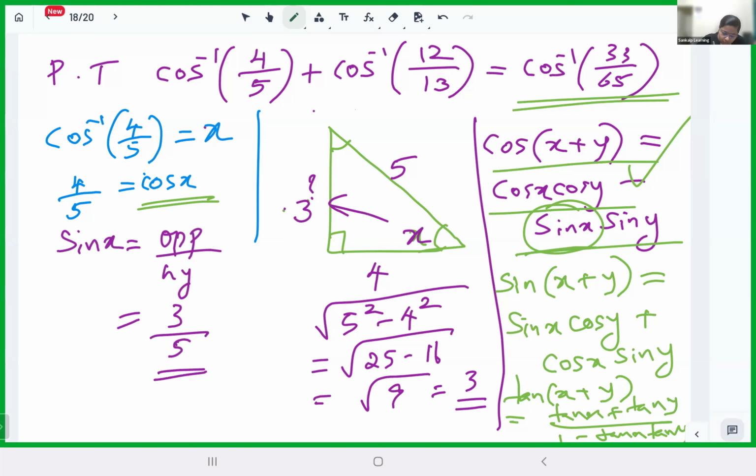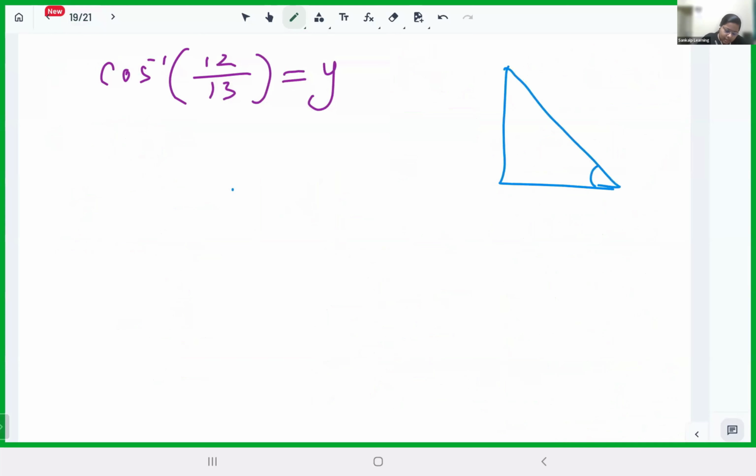Now, consider that portion. Put cos inverse of 12 by 13 as y. Again, construct a triangle. From this, you will get 12 by 13 is equal to cos y, by the definition.